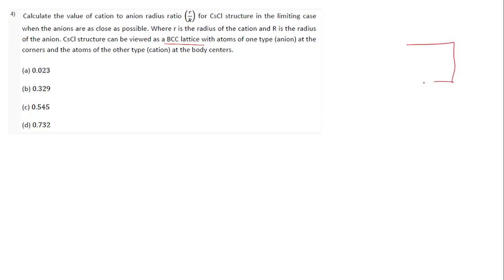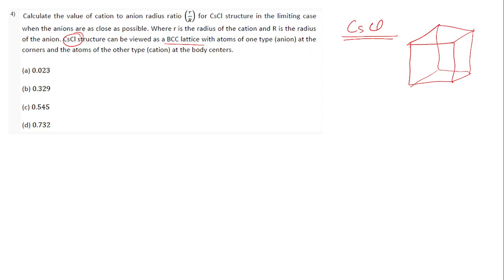In BCC we have atoms at the corners, but here instead of an atom we are talking about one molecule, CsCl. It's not only iron unit cell where all corners and the body center are occupied by iron atoms. This is a CsCl molecule.